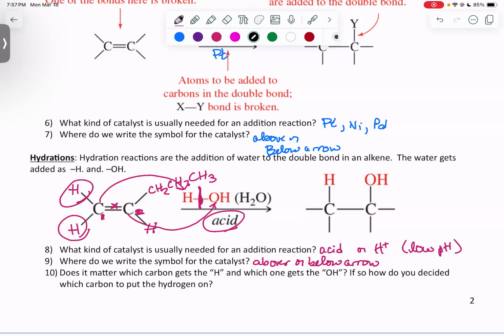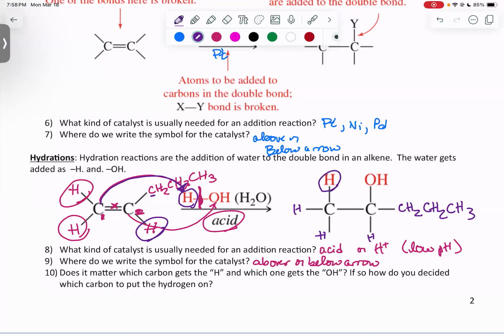Carbon number 2 only has 1 hydrogen directly attached to it. The other thing is a carbon, so it doesn't count. So here, I would have to have that first carbon pick up the extra hydrogen.